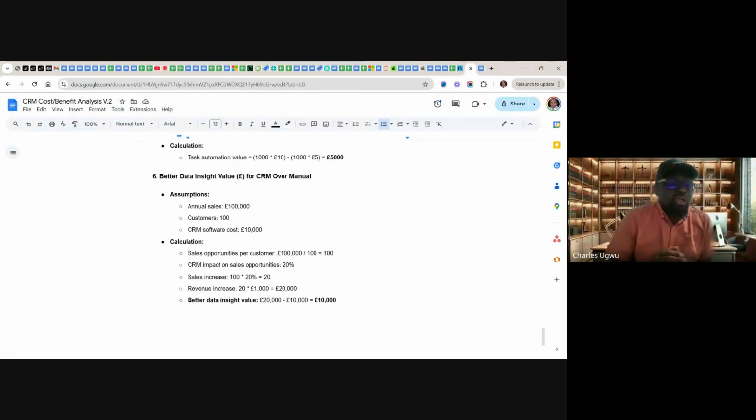So if you want to do the calculation, it's going to be sales opportunities per customer, 100,000 by 100, and CRM impact on sales opportunity is 20%.